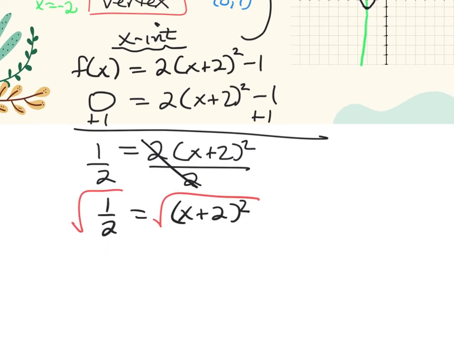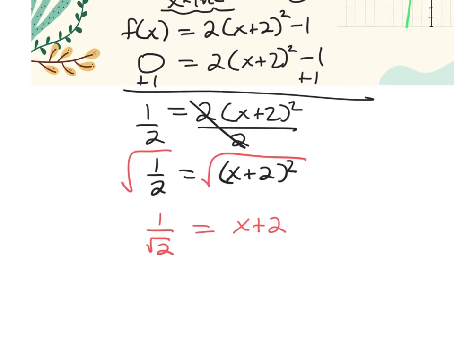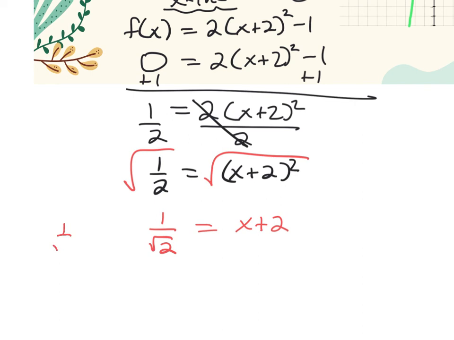This ends up giving me the square root of 1 is 1, but then I get square root of 2 on the bottom. Now I can choose to fix this fraction first because I need to rationalize it. In order to rationalize, multiply top and bottom by root 2. So this will rationalize into the square root of 2 over 2.